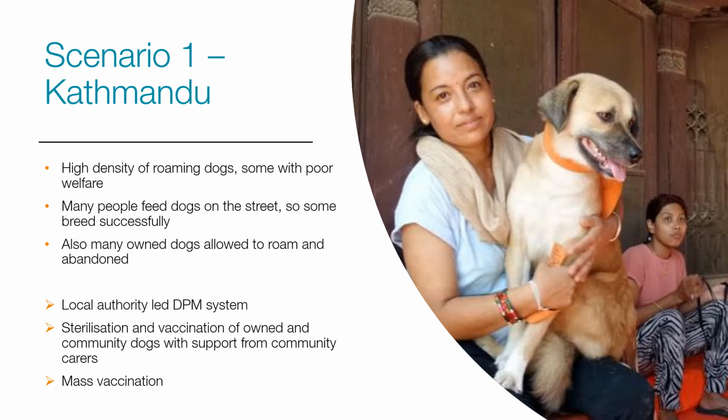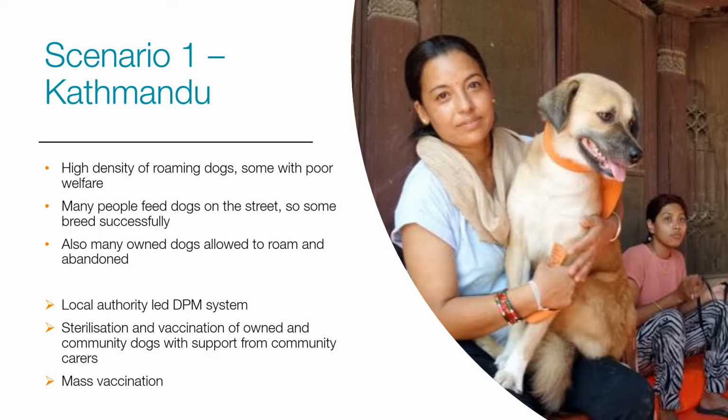They have a high density of roaming dogs, some with poor welfare, but many look relatively good and well fed. Many people feed dogs on the streets, not just their own dogs, but street dogs as well. They're very kind towards them, and some of those dogs do breed successfully. There are also many owned dogs in Kathmandu that are allowed to roam, and there is some level of abandonment.